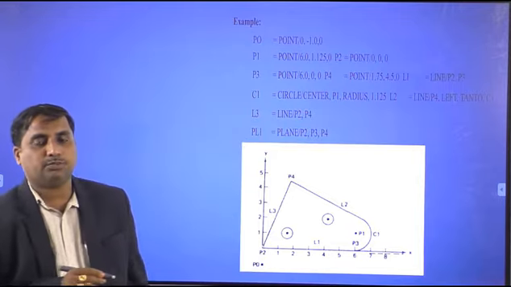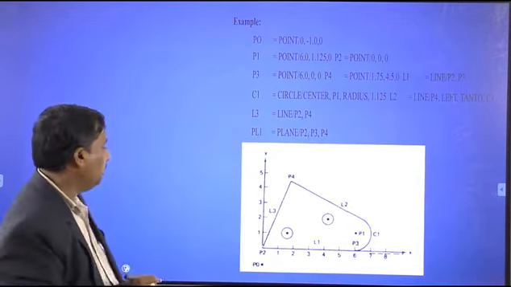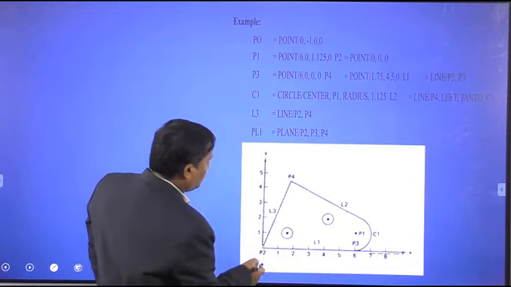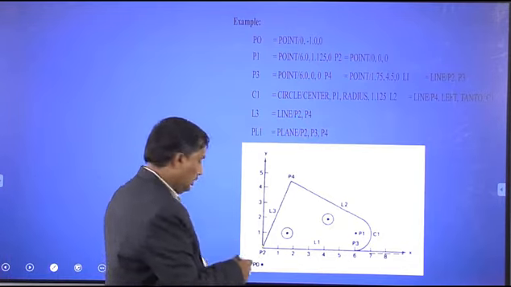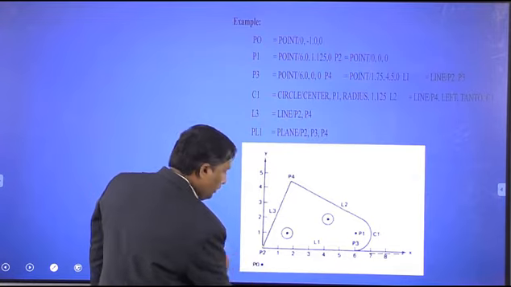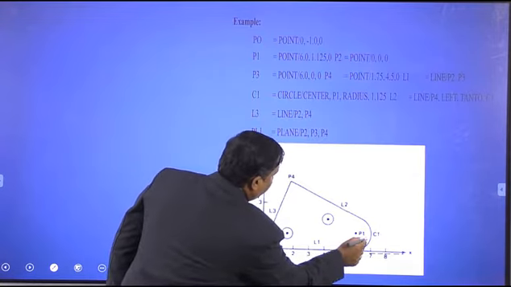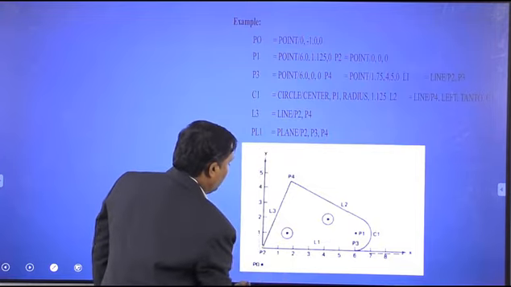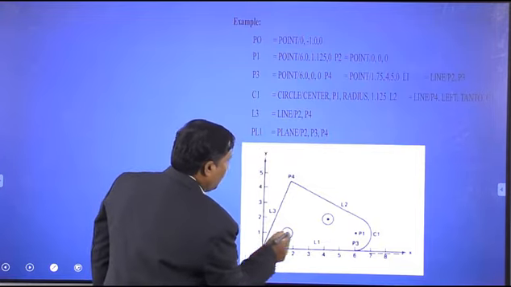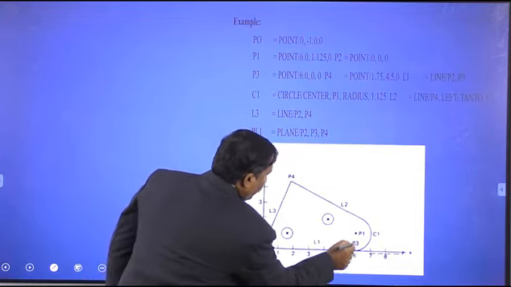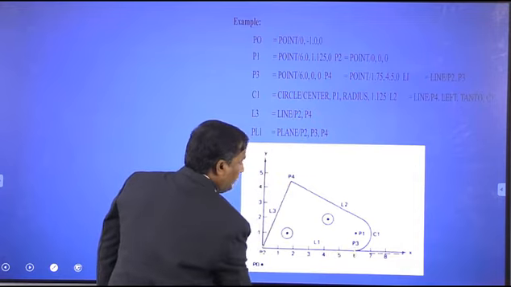P2 is the intersection point of the x and y axes. That means its coordinates are 0, 0, 0. Origin is the P2. Next, P0 I have defined here. After P0, P1 I have defined, and P2 defined and P3 defined. This is the P3, and next one is P4 defined.